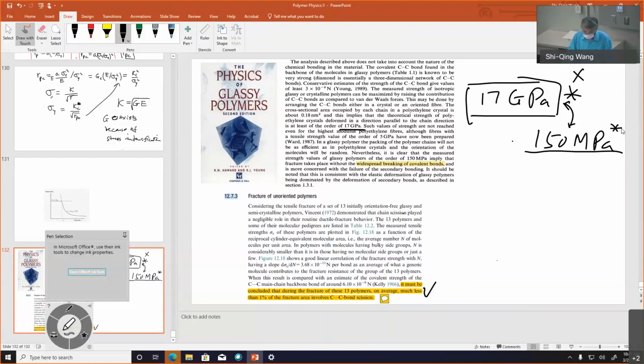So the way to think about this is indeed the subject of thinking about fracture mechanical aspects of glassy polymers. So let me just mention some efforts in that.